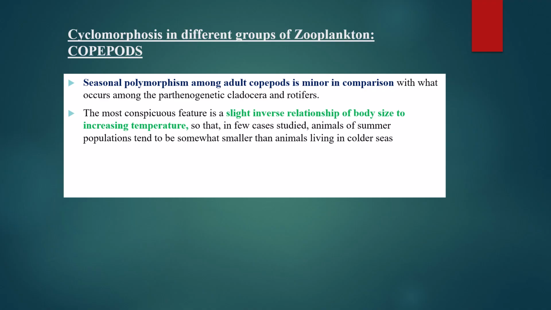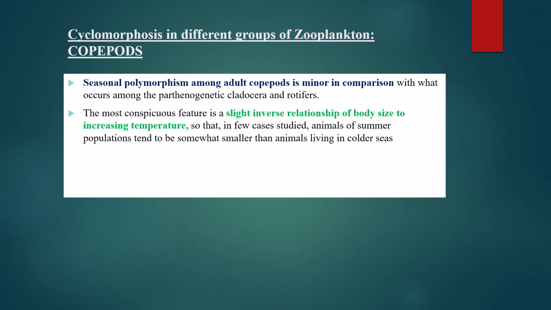Now, in case of copepods, this slide deals with the cyclomorphosis in case of copepods. Now, among all Cladocerans zooplankton के साथ हम अगर कंपेयर करेंगे, copepods show very, very minor polymorphism, बहुत ही reduced form of polymorphism जो है, it is exhibited by the copepods, and that too with respect to only the change in the body size.